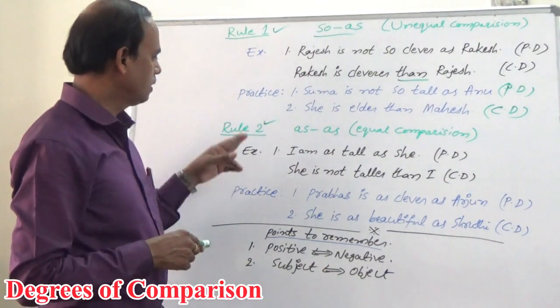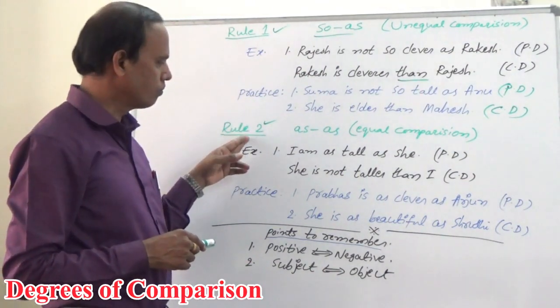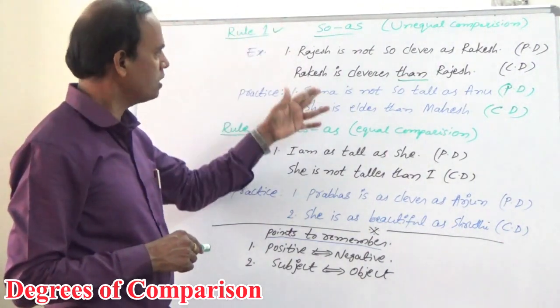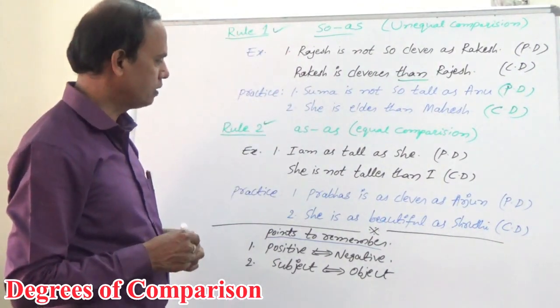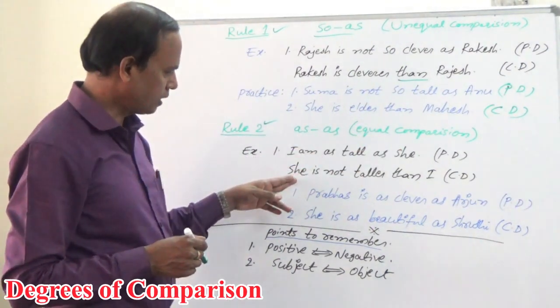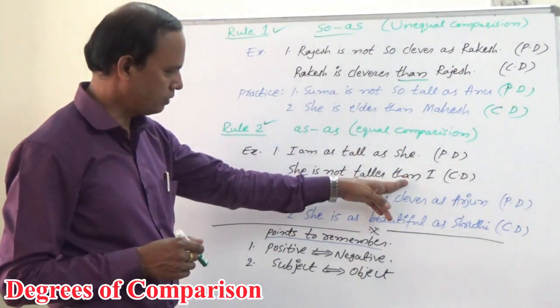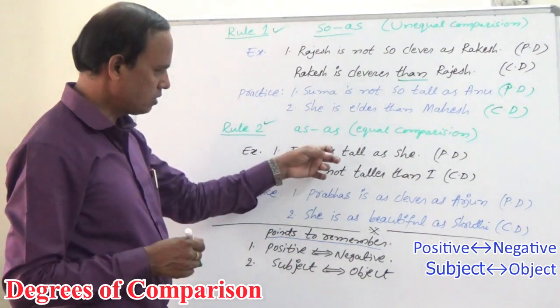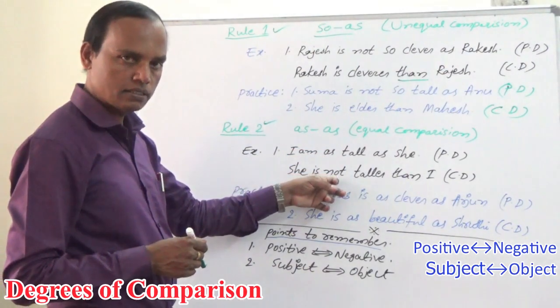The next, rule 2. Rule 2 is the same as rule 1. Here also object becomes subject and subject becomes object, and the sentence changes accordingly.